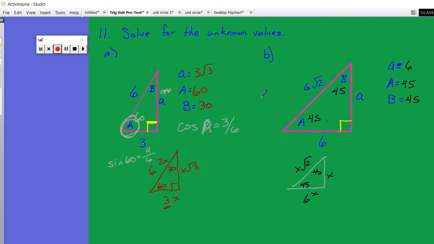Again, if you didn't remember how to do that from a 45, 45, 90, if I want to find angle A, this is the adjacent, this is the hypotenuse. So again, I go to my calculator, I'm after an angle, so I'd say cosine of my angle equals 6 over 6 square roots of 2.